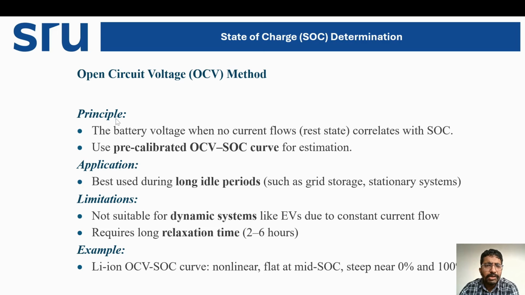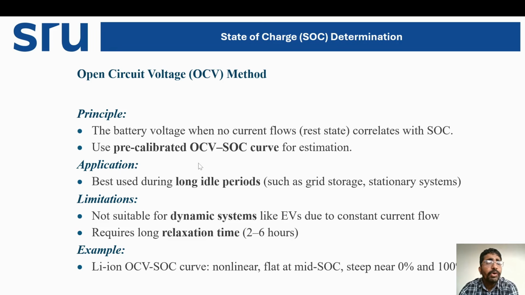Now coming to the open circuit voltage method. The second well-known method is the open circuit voltage method. The principle is that the battery voltage when no current flows, in the rest state, correlates with the state of charge.